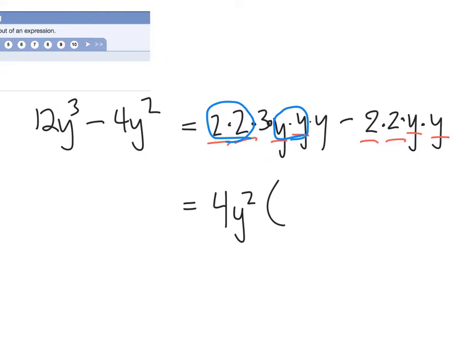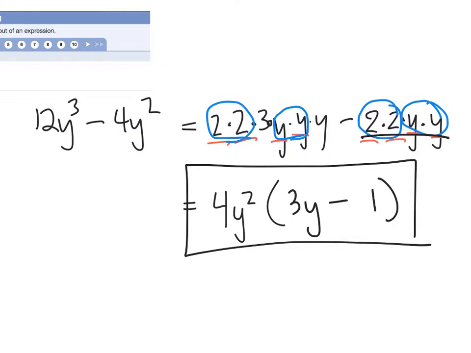I'm left with, on the inside, 3y minus, and then when I factor out the 4 and the y squared, what am I left with? Well, it looks like nothing, but the real answer is I'm left with 1, because really we're dividing. So when you divide something by itself, you get 1. And so this is your factored version of this.